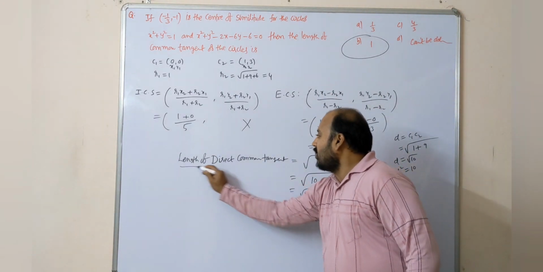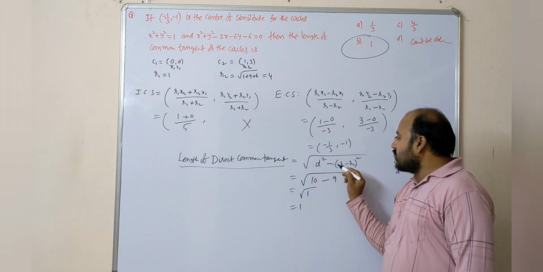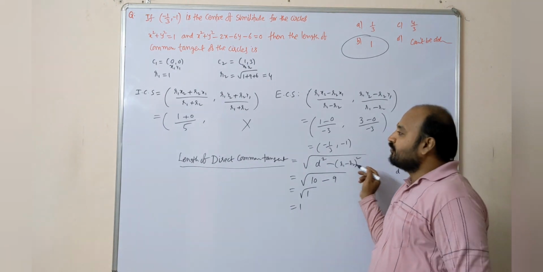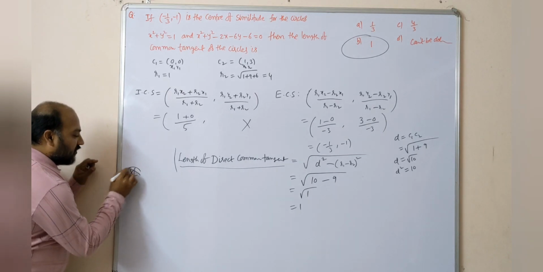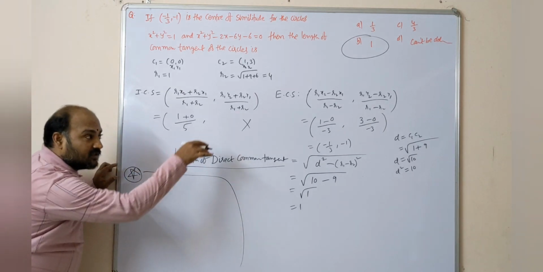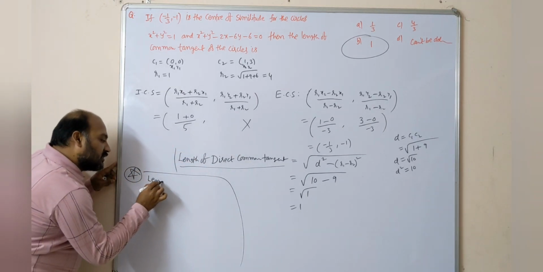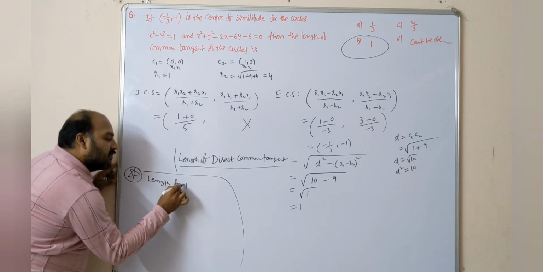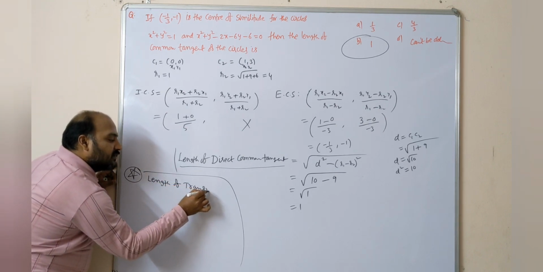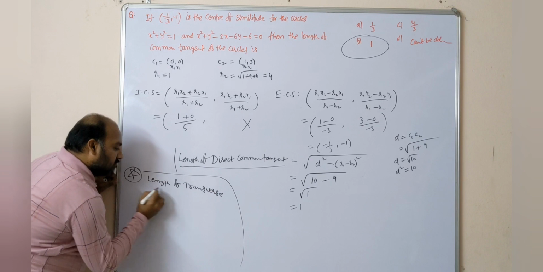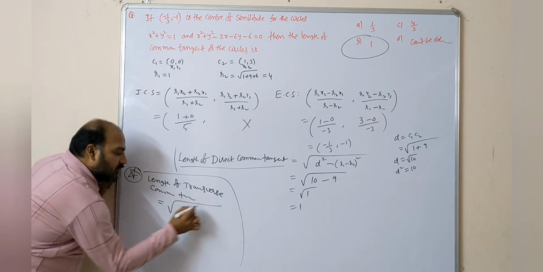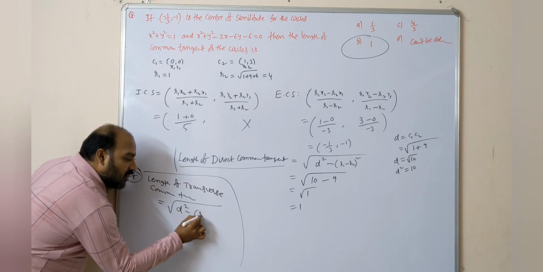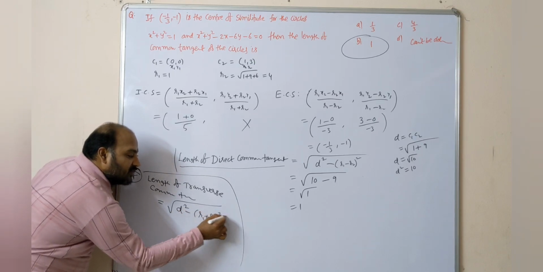Length of direct common tangent formula: root of d square minus (R1 minus R2) whole square. Hint I am giving for another question, other than this concept: length of transverse common tangent is root over d square minus (R1 plus R2) whole square, dear students.